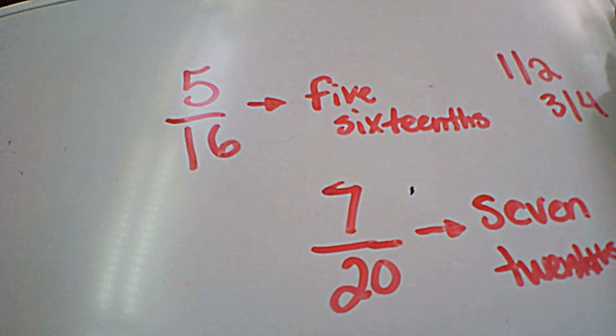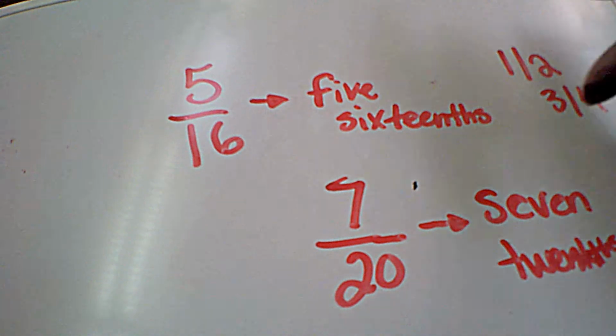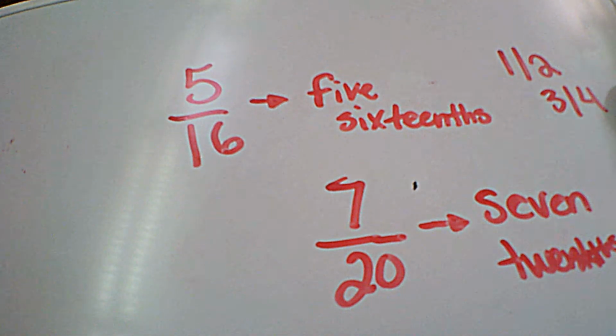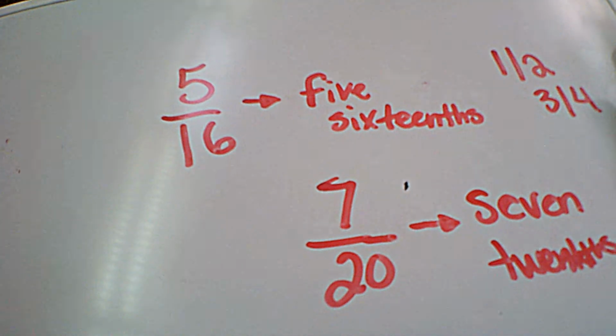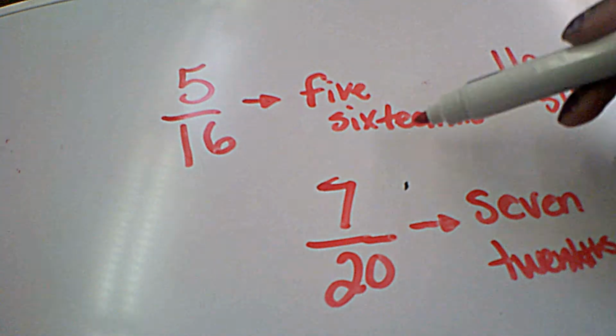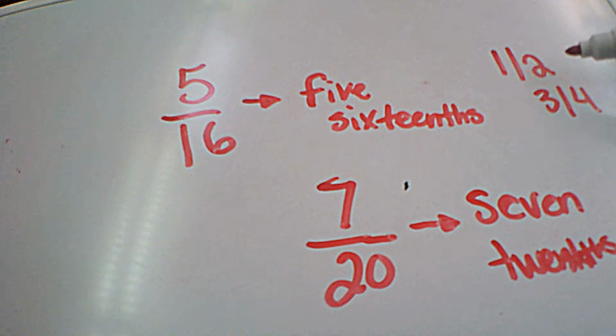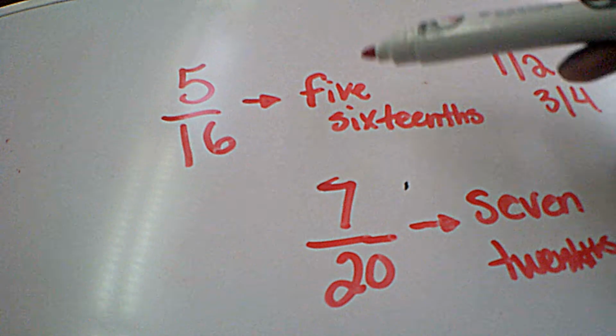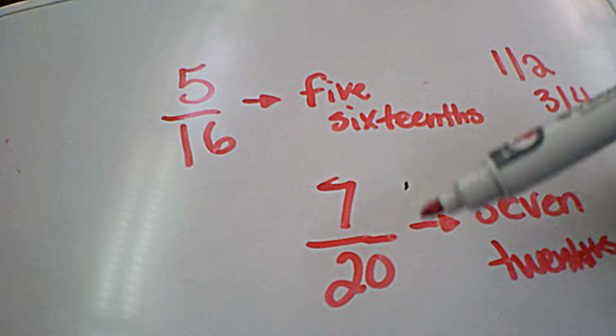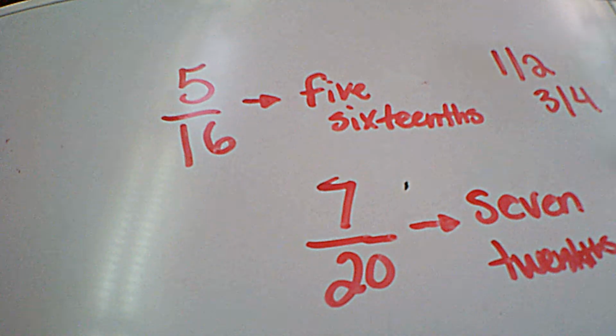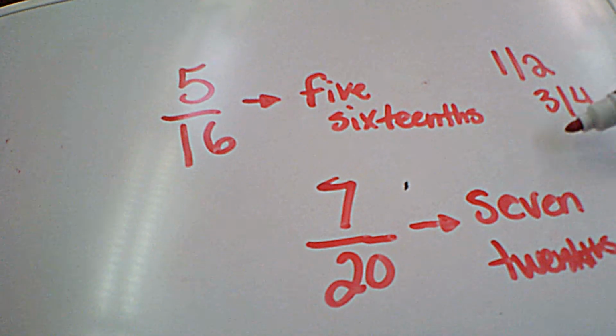But I notice a lot of times when it comes to word problems, if they're written differently and they're using these bigger fractions, sometimes kids get lost and confused because they don't remember how we pronounce fractions outside of a number over a number. So just keep that in mind when I'm doing my videos and I say 5 over 16, 7 over 20. I'm pronouncing it that way in the video, but there are other ways that you will see fractions pronounced.